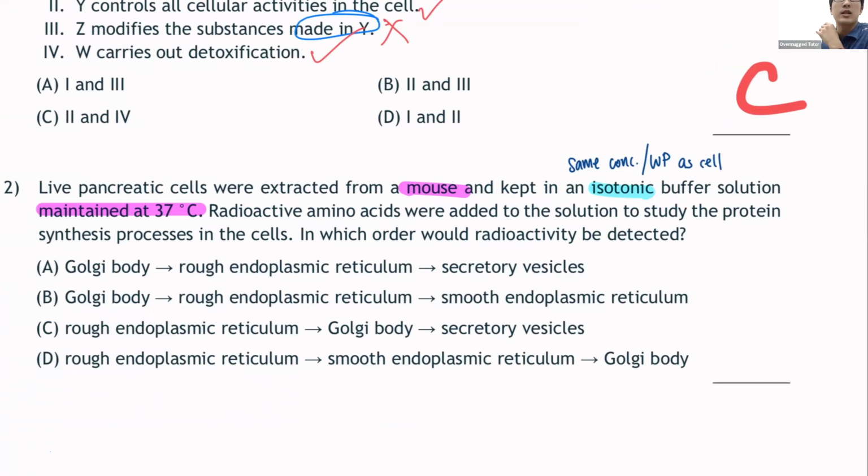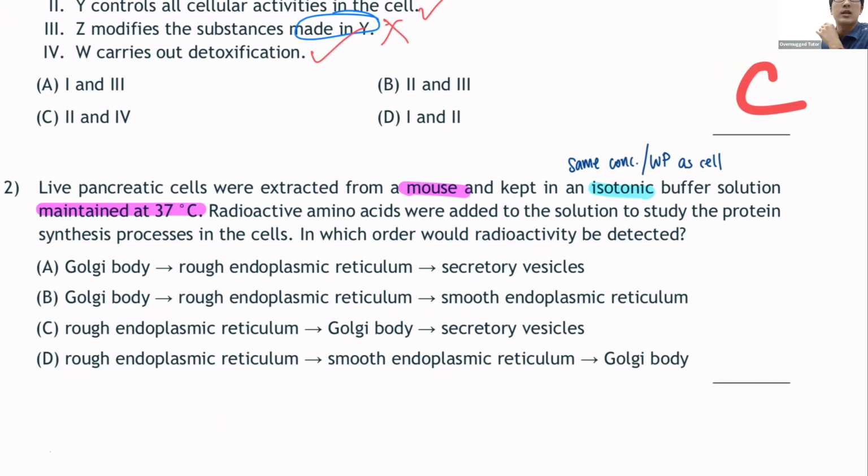Jingxuan, what is the site of protein synthesis? Ribosome. Awesome. Wow, our options don't have ribosome. So what would be our better choice next? The RER, very good. The RER is the one that contains the ribosomes, so we're going to start over there.